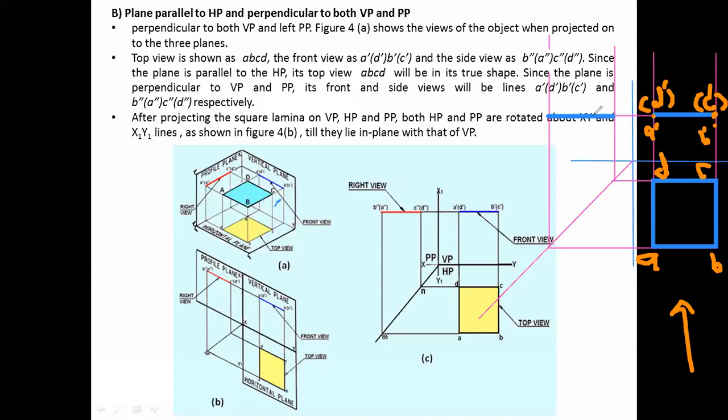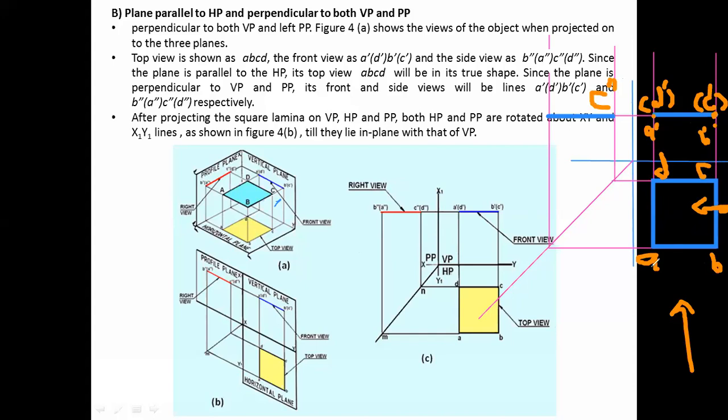Same way, now we will turn this way. When we see from this side, in this direction, which is in front and which is behind? B and C are in front, whereas A and D are behind. Now C will go from here to here, but C is in front, so we will directly write C double dash.